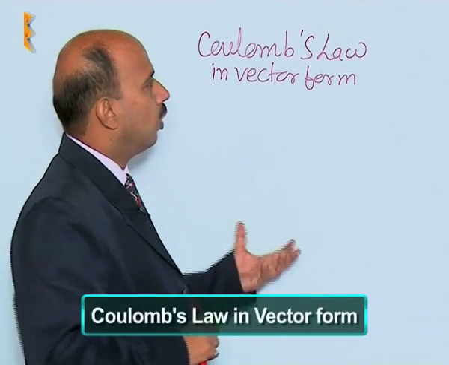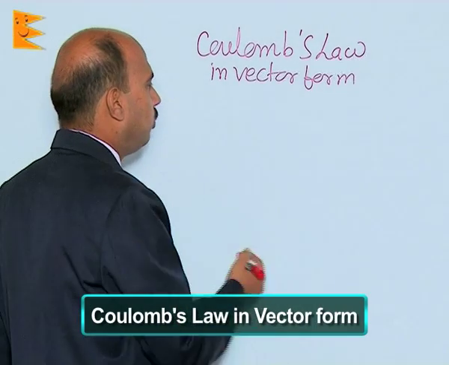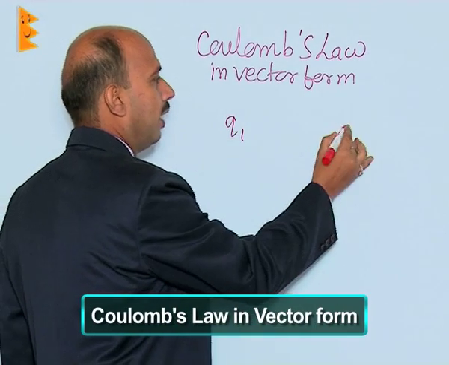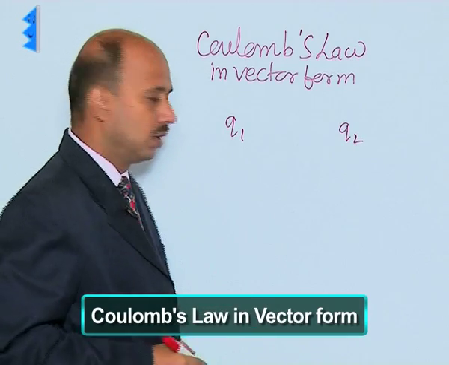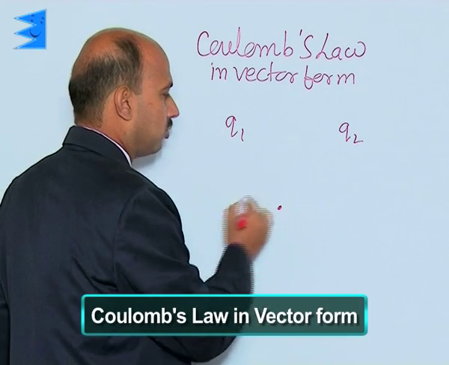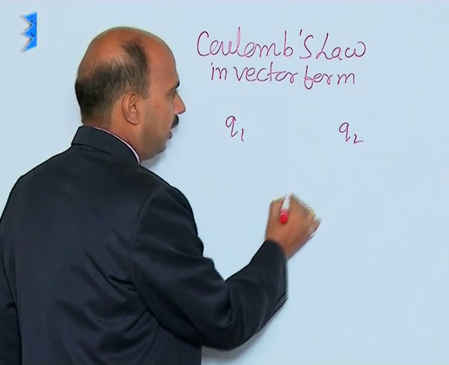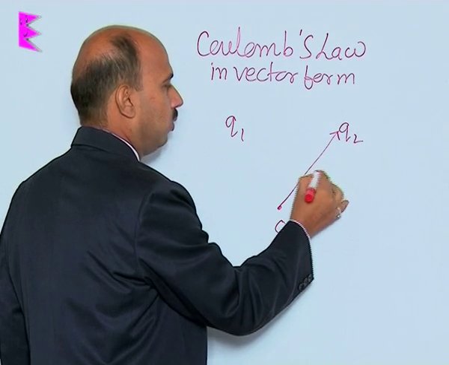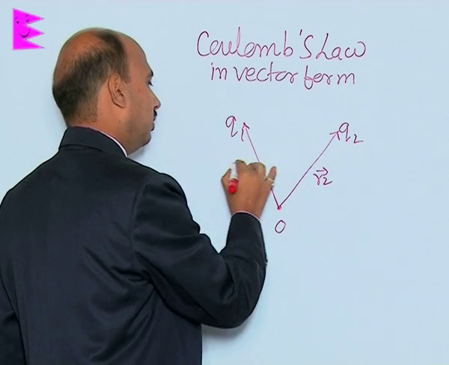Now see Coulomb's law in vector form. Suppose there are two charges q1 and q2 over here. There is an origin, suppose in the xy plane, here we have taken. Its position vector is r2 and its position vector is r1.